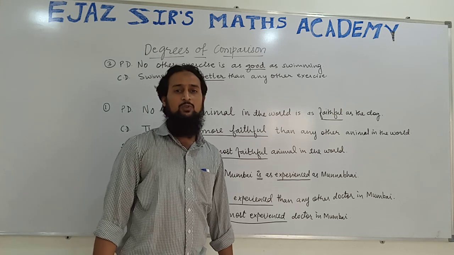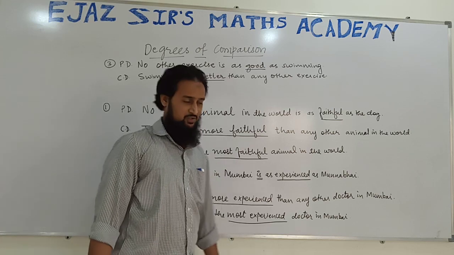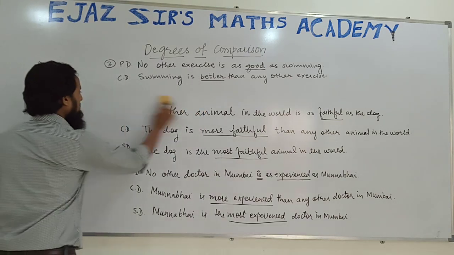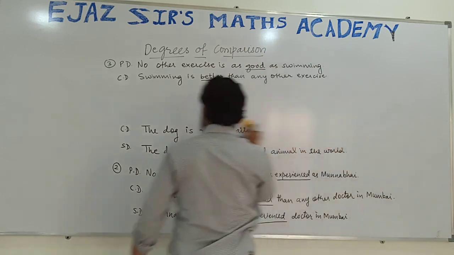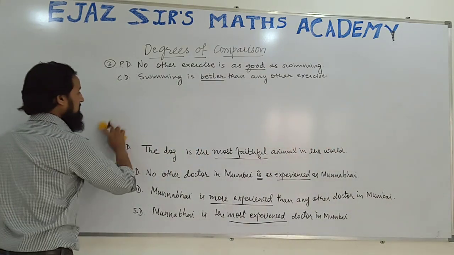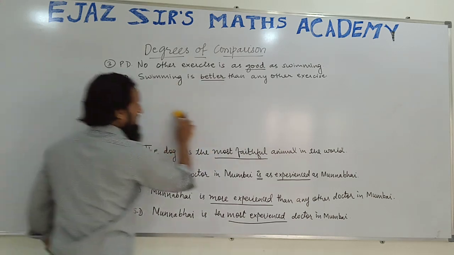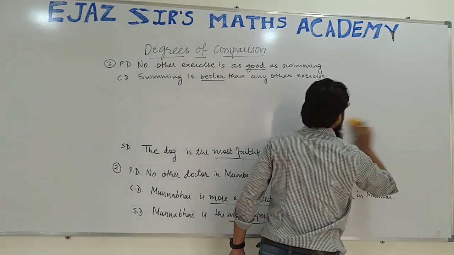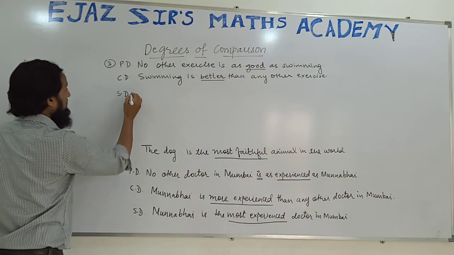Bad, worse, worst. Out, outer, outermost. Many, more, most. Much, more, most. So its superlative degree will be.